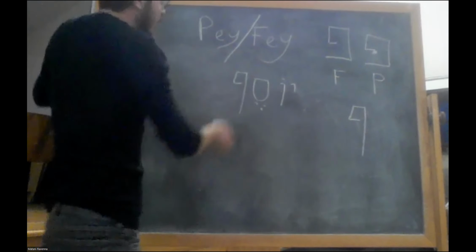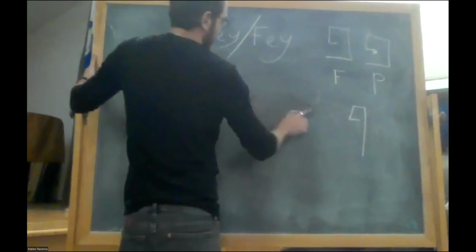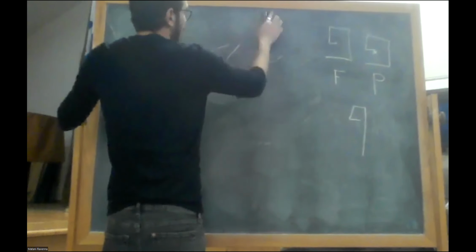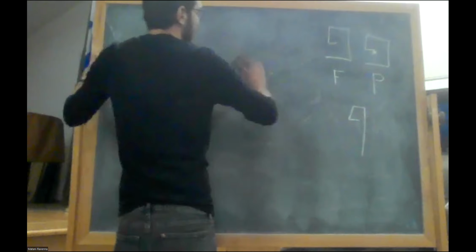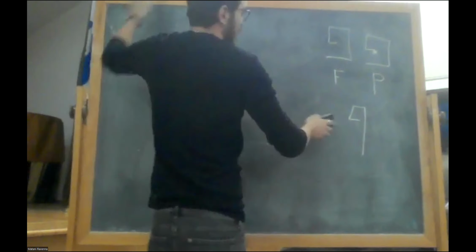After pay, we have tzaddik. You may notice on your Hebrew helpers, the official name is tzadi. You write it down. And by all means, do bring your Hebrew helpers for next classes too. This one serves as a TZ or a TS.